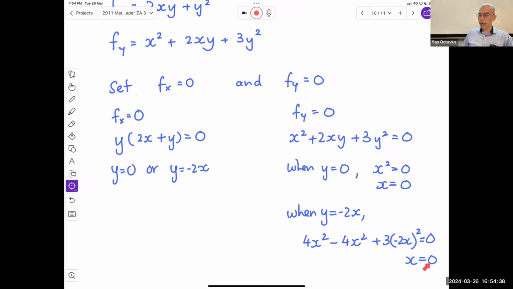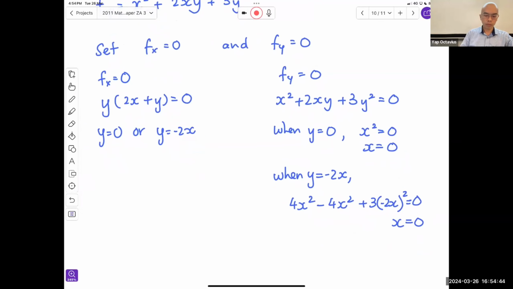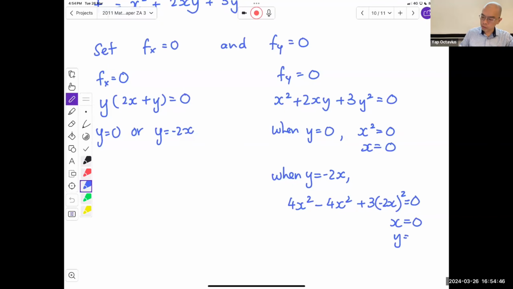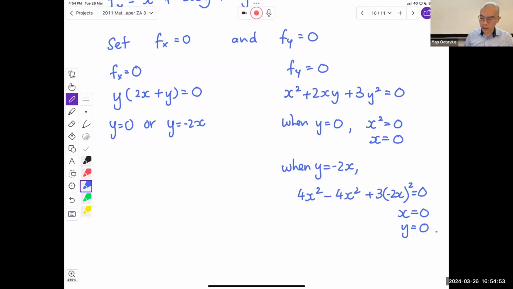All right, so if x equals 0, you put it back to here, the y also equals 0. So conclusion, only (0, 0). (0, 0) is the only critical point or stationary point.